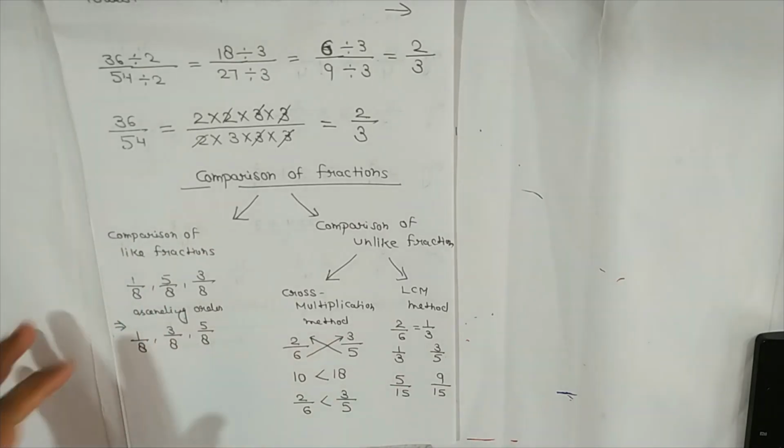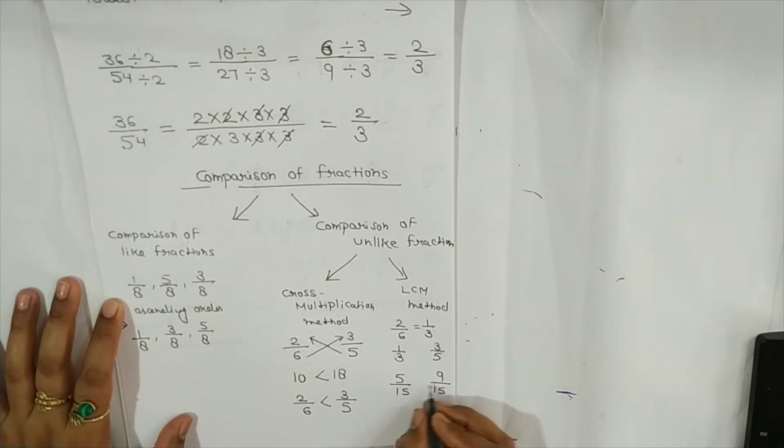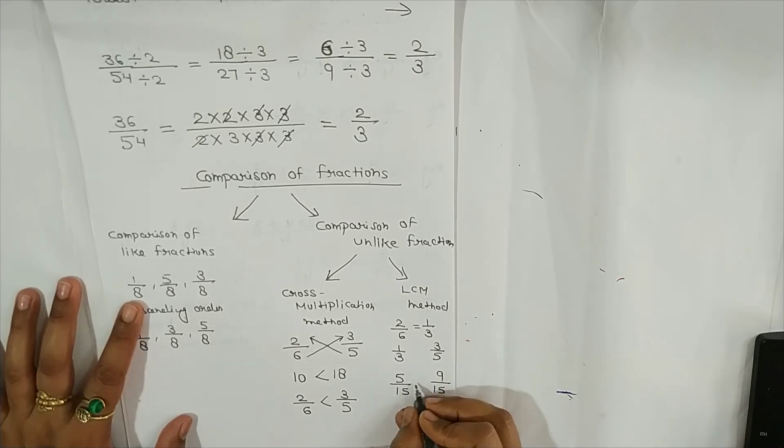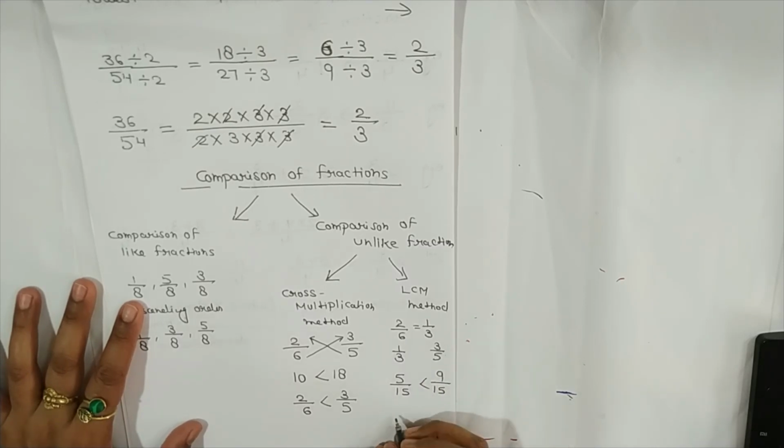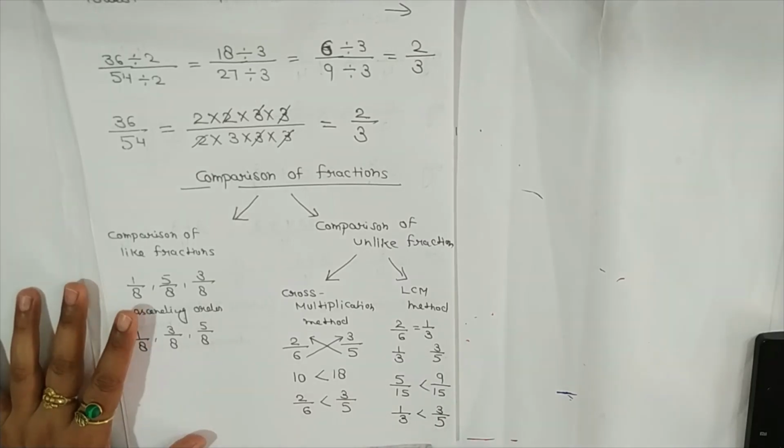Now we have to compare the numerators only. Which one is greater? 9 upon 15 is greater. So we can say that this fraction is greater than the other. So 1 upon 3 is less than 3 upon 5.